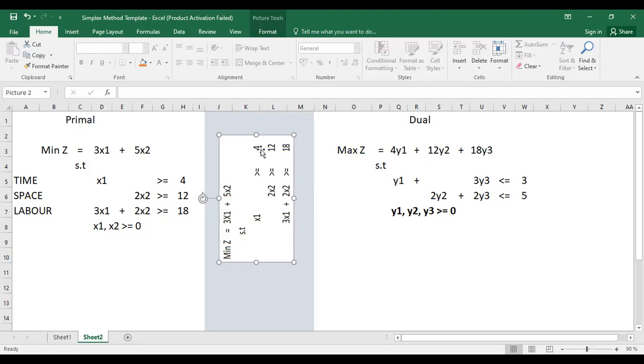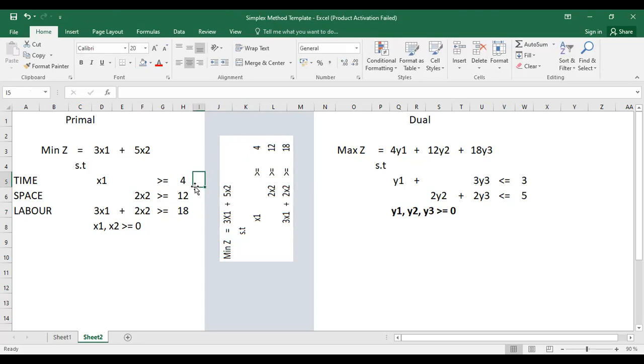So you're now going to have 4y1, because we said this one will carry y1. This will carry y2, and this will carry y3. And remember, the y's are the prices of the resources.